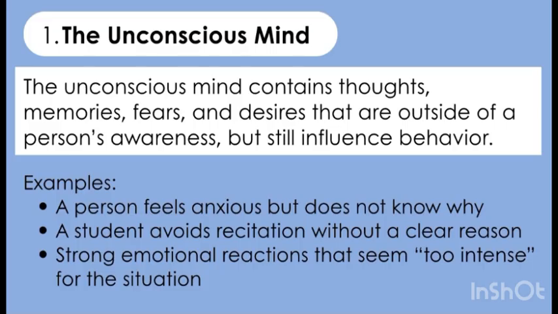For example, a person feels anxious but does not know why. A student avoids recitation without a clear reason, and strong emotional reactions that seem too intense for the situation.